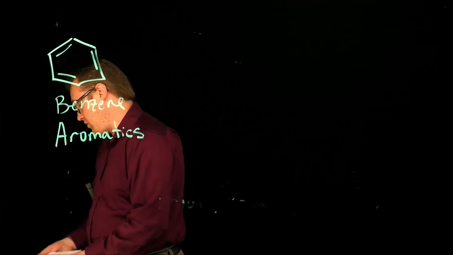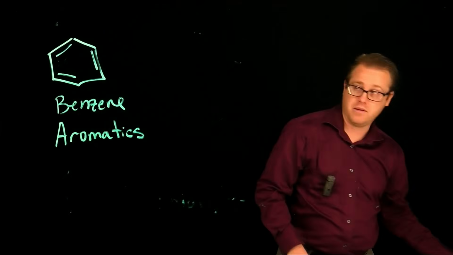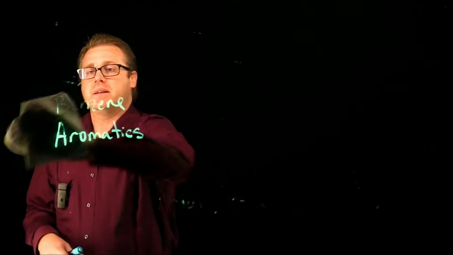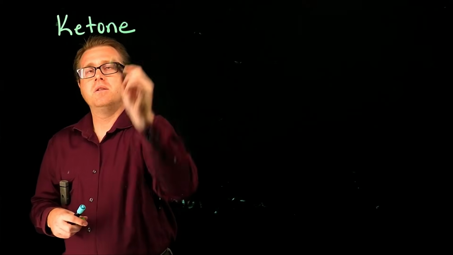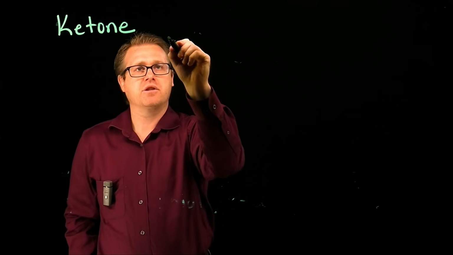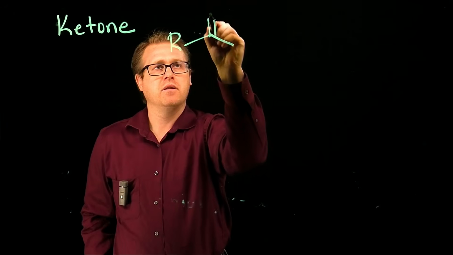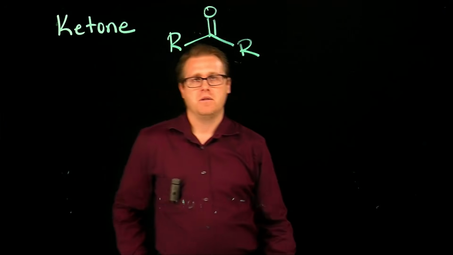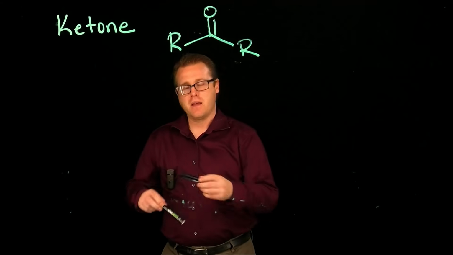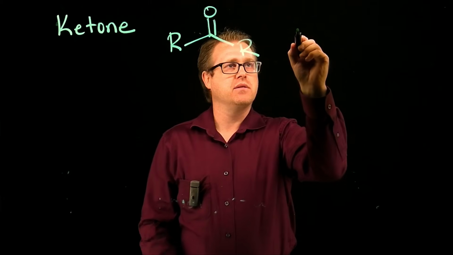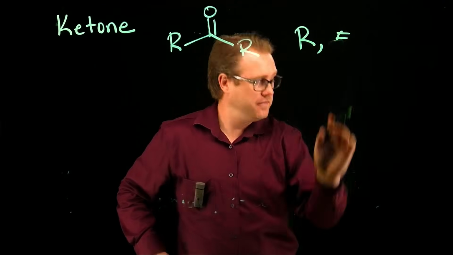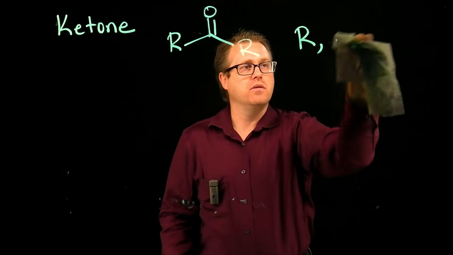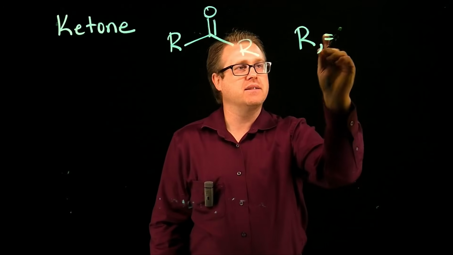Okay, the next functional group that's really important is something called a ketone. A ketone has a generic structure like this, where the R groups have to equal alkyl.